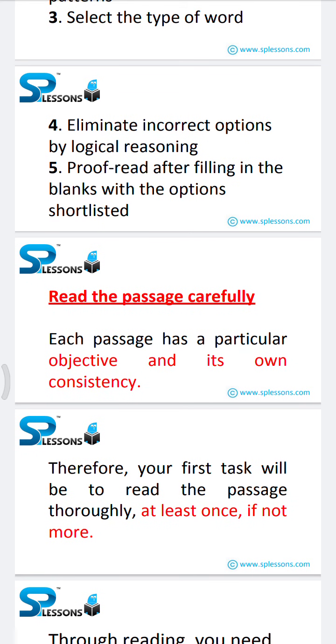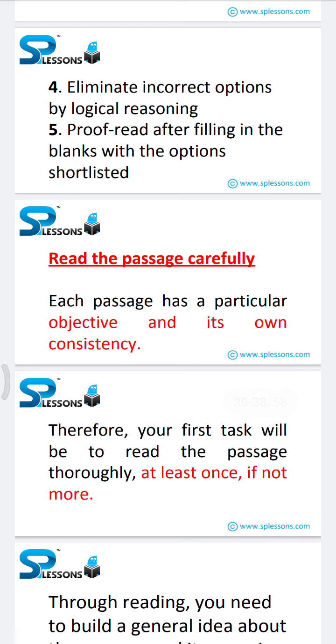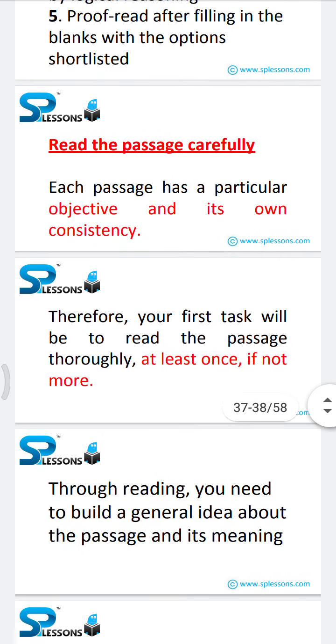You need to remember that you are reading a closed test passage. Each passage has a particular objective and its own consistency. Therefore, your first task is to read the passage thoroughly at least once, if not more. Through reading, you need to build a general idea about the passage and its meaning.